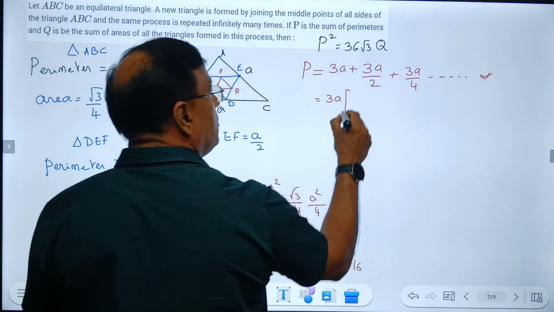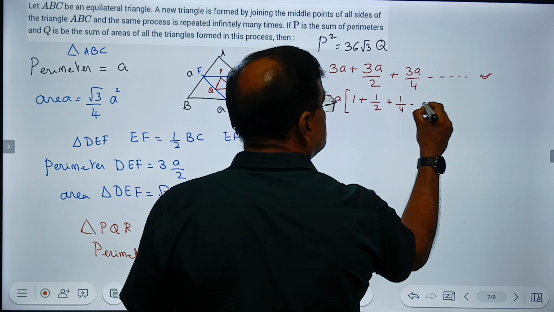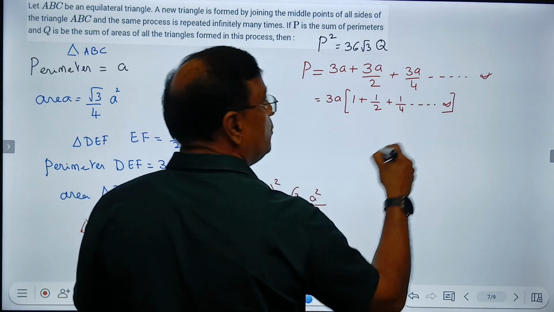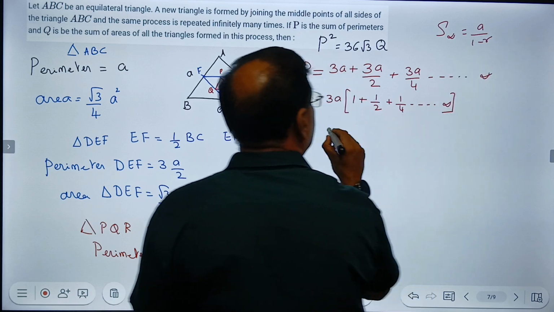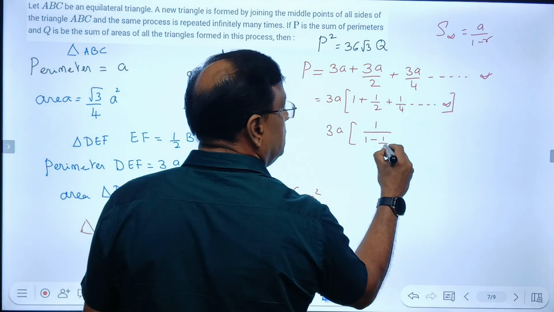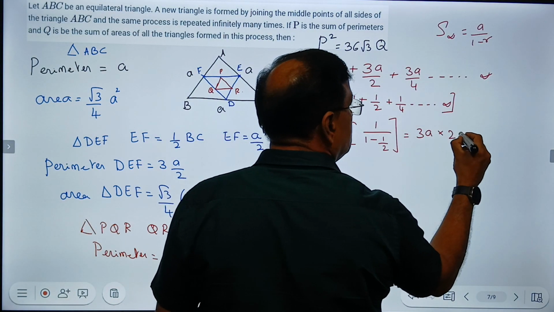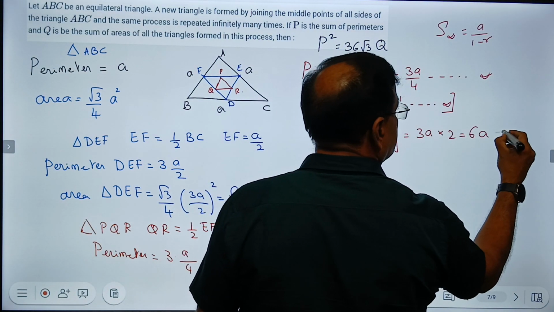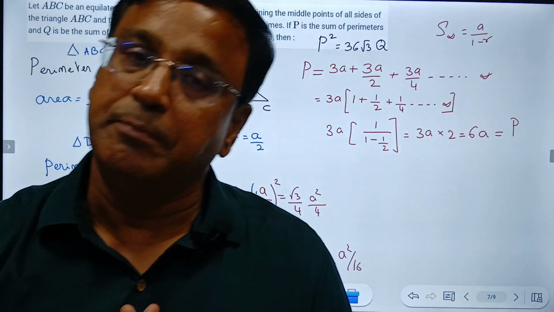If I take 3A common, I get 1 plus 1 by 2 plus 1 by 4 and so on. It's an infinite GP. What's the formula? S infinity is A by 1 minus R. So A is 1, R is 1 by 2, so I get 3A into 2. So my P is 6A. The sum of all perimeters is 6A.